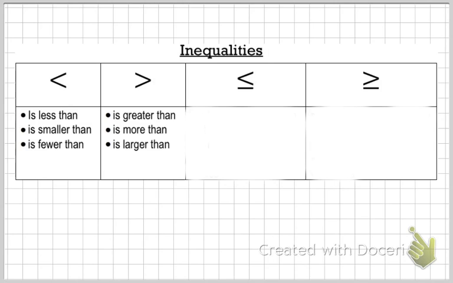Some keywords for greater than: is greater than, is more than, is larger than. If you notice, all of them have something in common. They have the "is." We need to look for the "is" followed by less than, smaller than, fewer than, greater than, more than, larger than, because that's when we know that's where I need to insert my inequality.